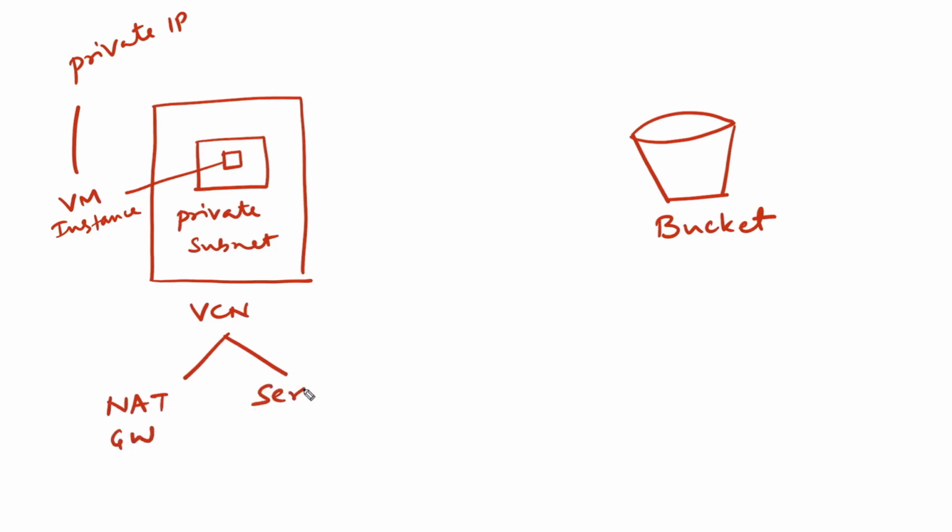Then I will have service gateway. And I will explain you the purpose why I am creating these two types of gateways. And then I also need to configure route tables and security lists on the VCN side.